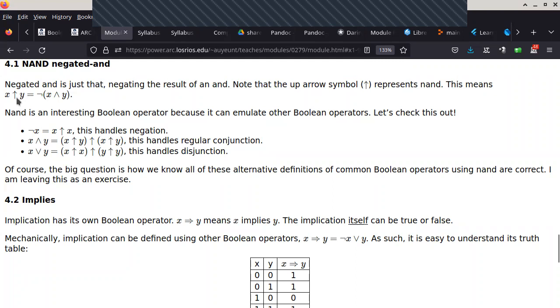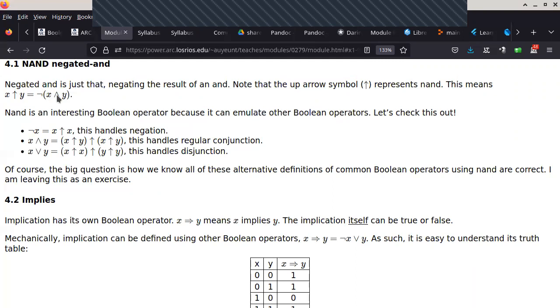I sort of know why they use this as an operator for negated AND. The up arrow here is the operator representing NAND. But what it really is is just the negated conjunction of 2 values. Are we good so far?